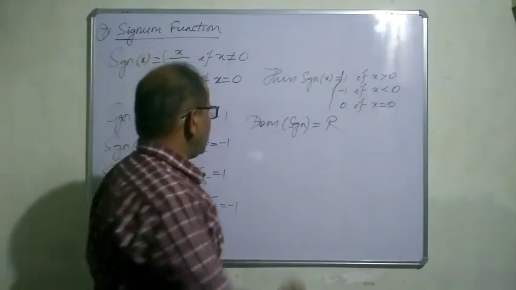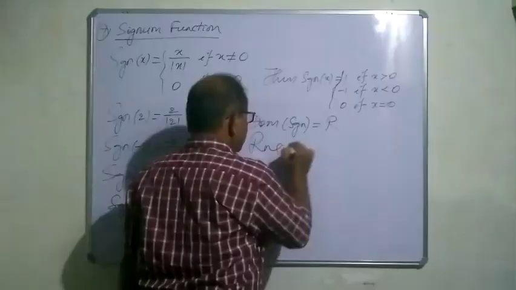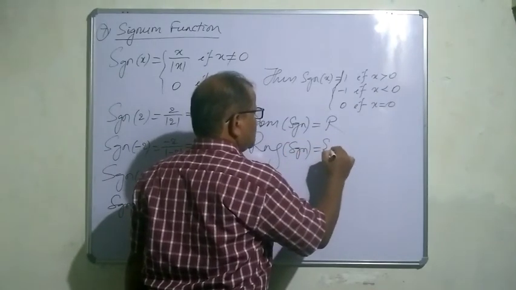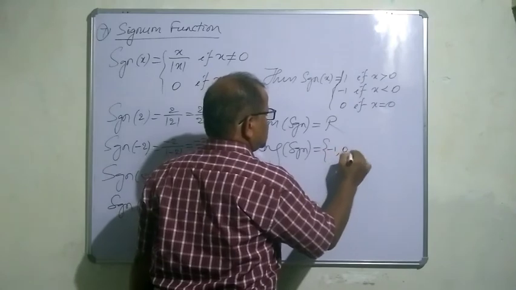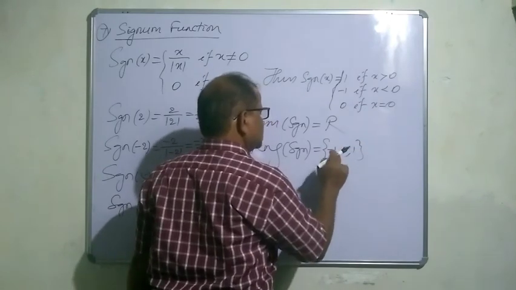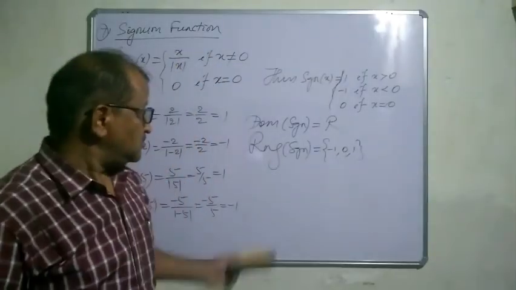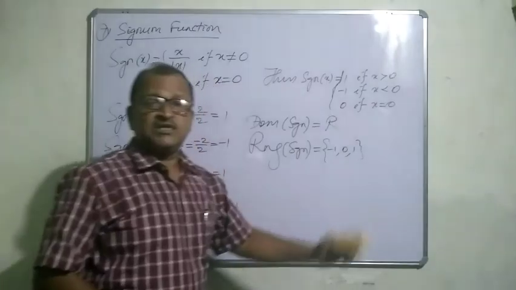Now what is its range? Range of signum function is the set minus 1, 0, 1.